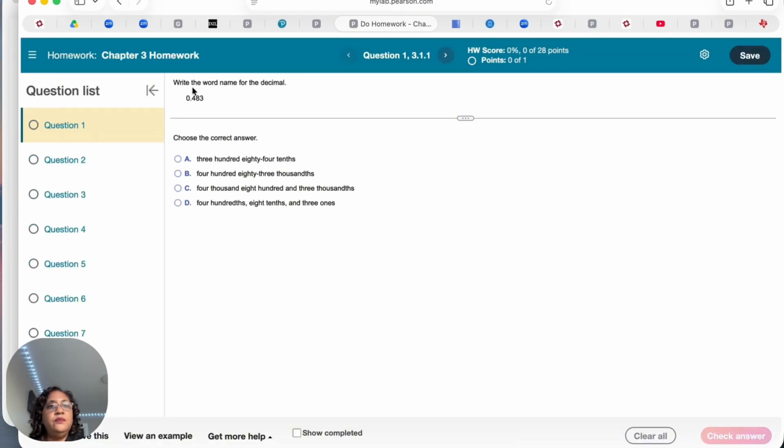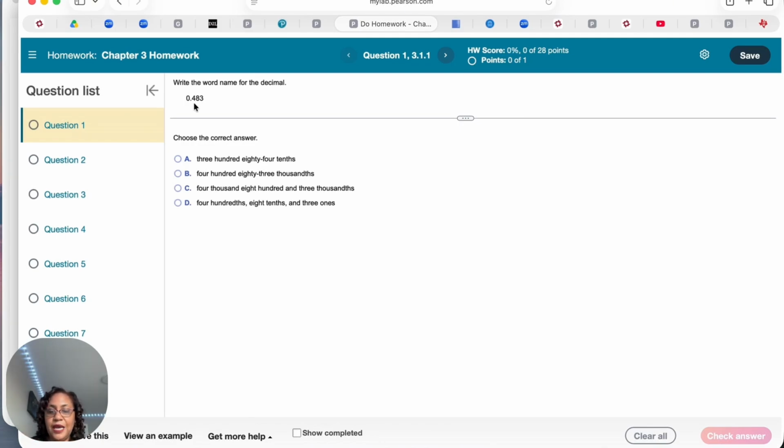Okay, so write the word name for the decimal. You see here, it says 0.483. So this 3 is in the thousandths place. When you're on one side of the decimal, we read ones, tens, hundreds.